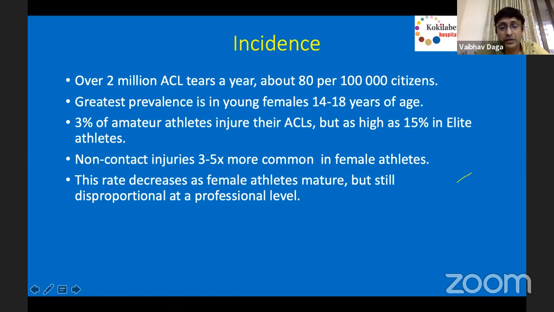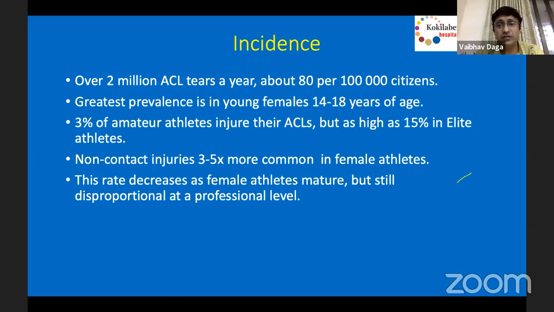It is said to be because of hormonal changes, such as the hormone relaxin, which is possibly higher in females, or biomechanical issues, such as the wider pelvis and more femoral adduction or femoral retroversion angle.